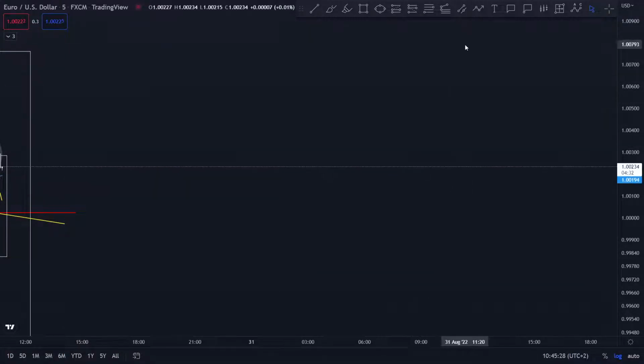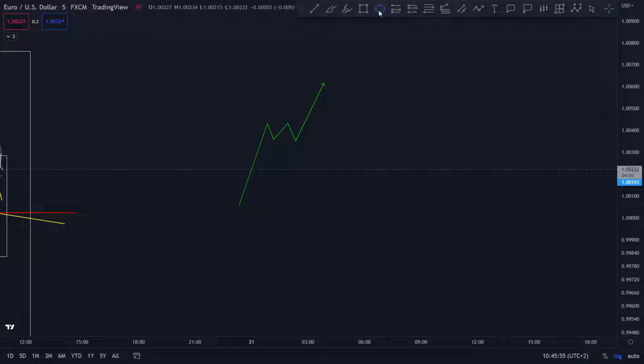Something I want to talk about. I read it in a book from Al Brooks, and this is my understanding of what he wrote. You have a pattern. Let's say I'm playing a bull flag pattern, and then I have the flag, and then I have a breakout.